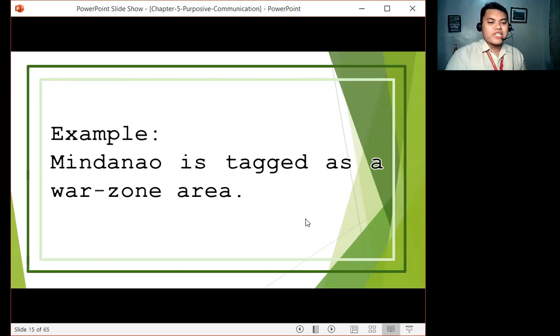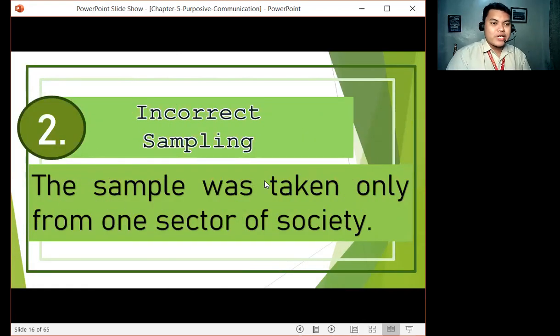After sweeping generalization, we have incorrect sampling. If we say incorrect sampling, it means the sample was taken only from one sector of society. So when some people concluded that many Filipinos want an amendment of the Constitution based on the opinion of mayors and barangay captains, there is an obvious flaw in this conclusion, since the sample was taken only from one sector of the society.